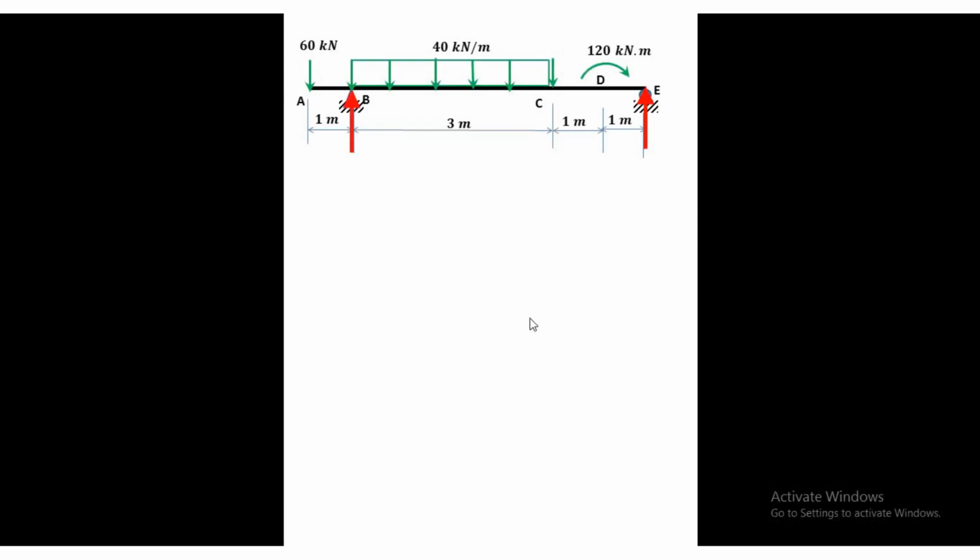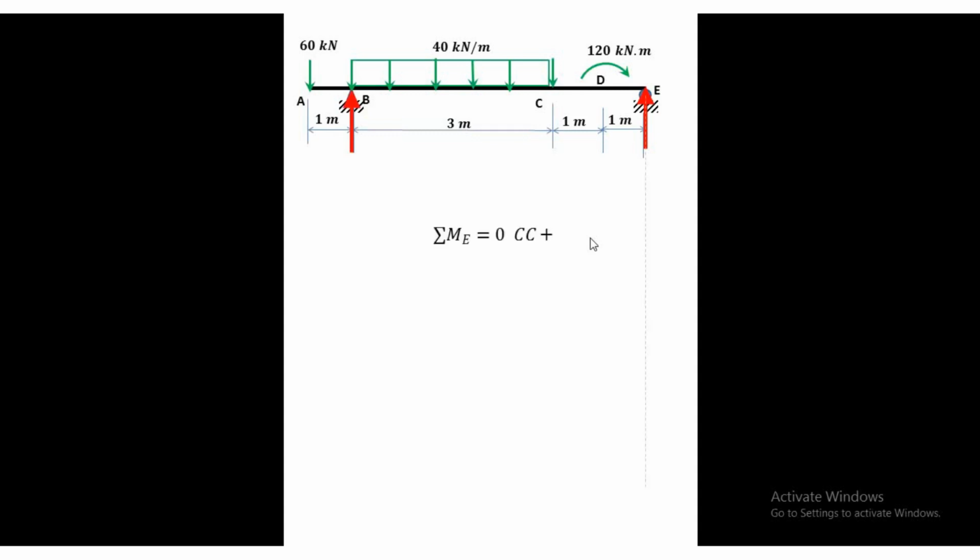In illustrative problem number 1, a 60 kilonewton concentrated load is applied at point A. Uniformly distributed naman kay B to C and moment kay point D. Now, you're required to draw the shear and moment diagrams. But before we draw the shear and moment, kailangan nating i-solve yung mga reactions.